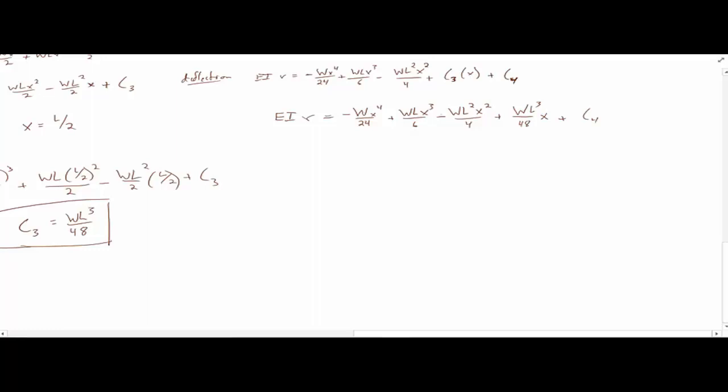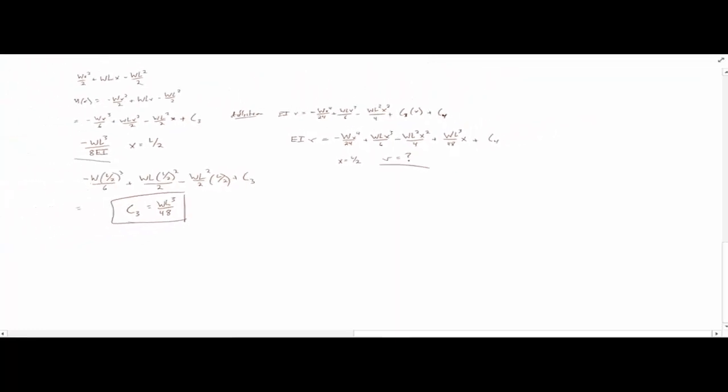So now the question is, when we use our boundary condition, which is going to be at point B, so when x equals L over 2, what does nu equal? Okay? So what we can do is go back to what we solved for in part A.